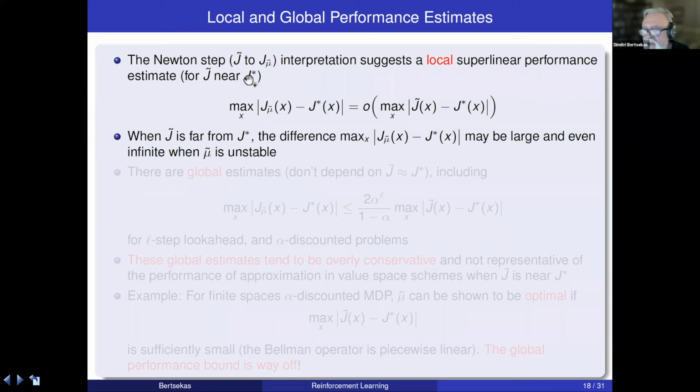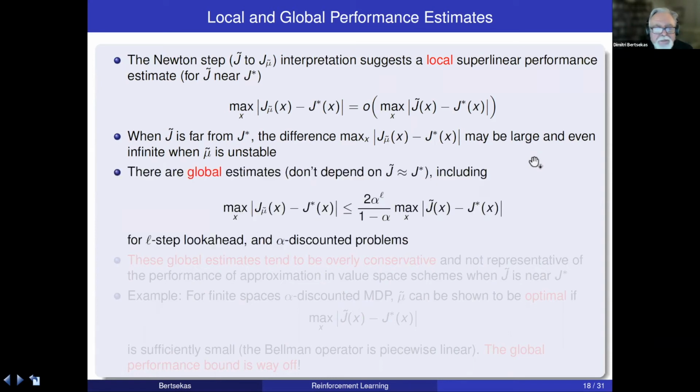Now, how close is unclear for a given problem, but this is a starting point for interpreting behavior. Now, in reinforcement learning, you'll see a lot of other estimates for one-step look-ahead that are global. In other words, they do not depend on j tilde being close to j star. They hold for all j tilde.